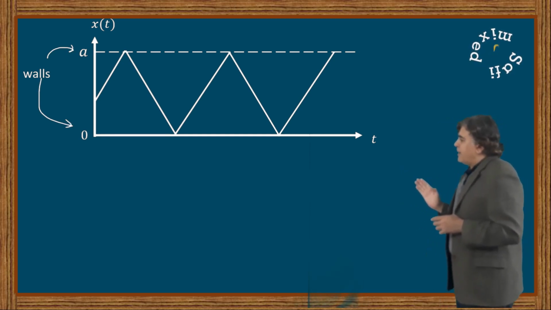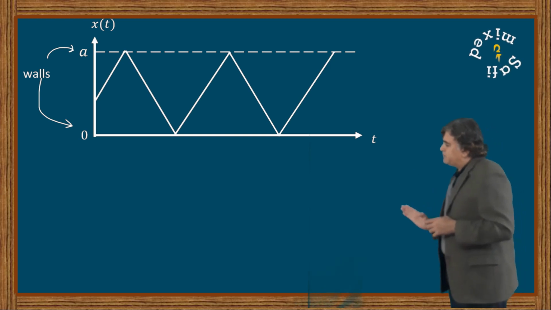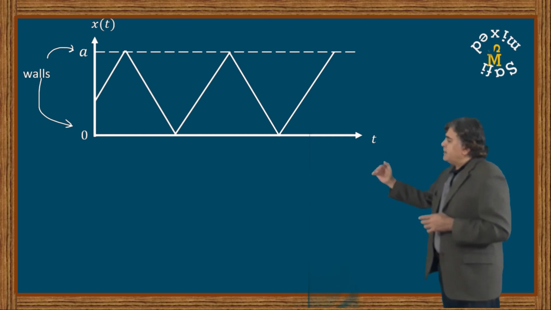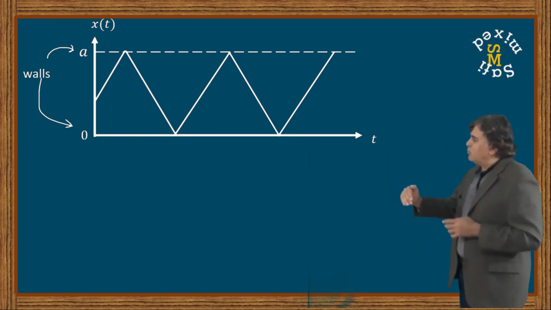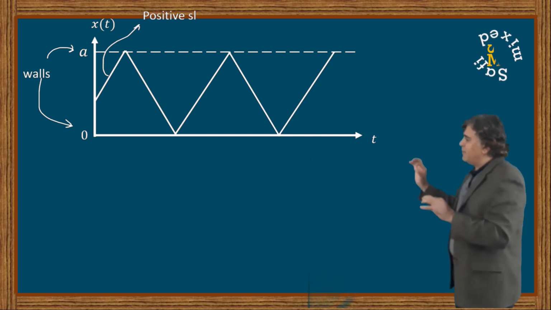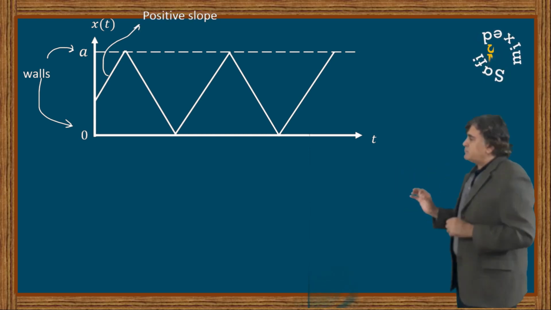While moving from 0 to a, the slope is positive, and moving from a to 0, the slope is downward. However, the period of oscillation and maximum and minimum is same.